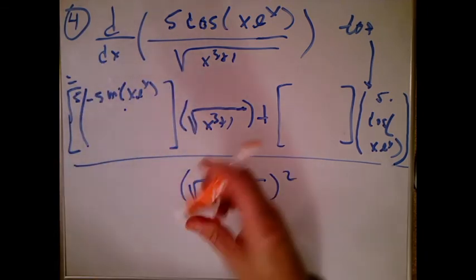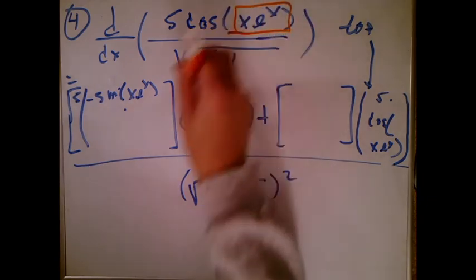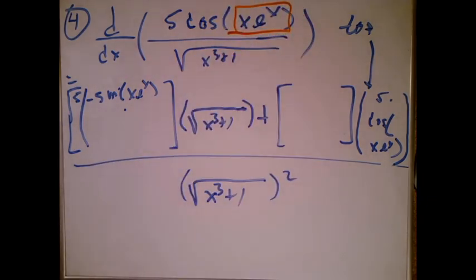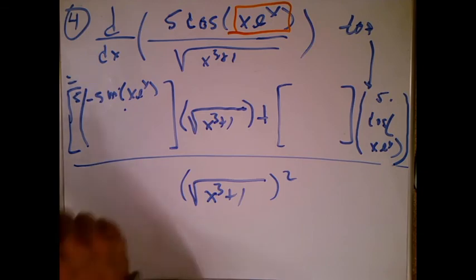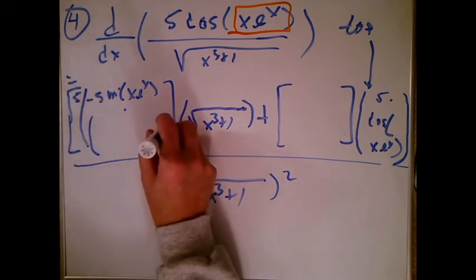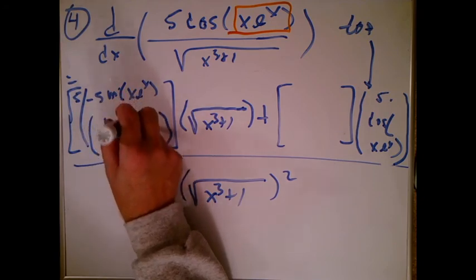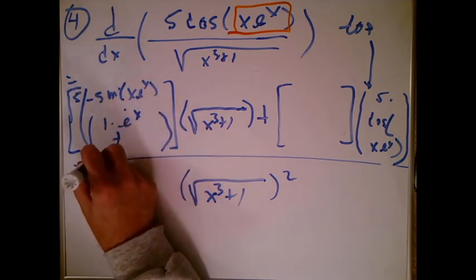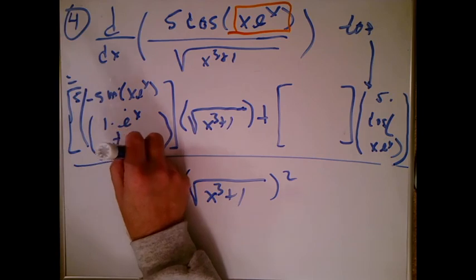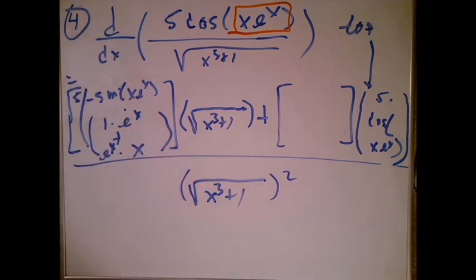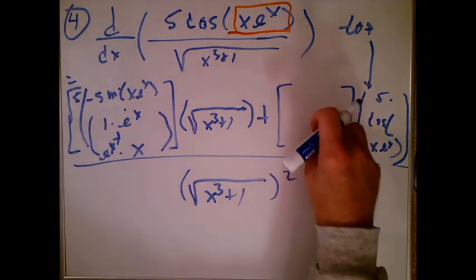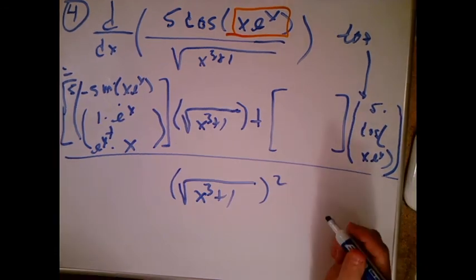Well, here's my blob. That's not a function inside a function, that's a product rule. So what's going to have to go right here is the derivative of the first times the second plus the derivative of the second times the first. Ta-da! Whew.